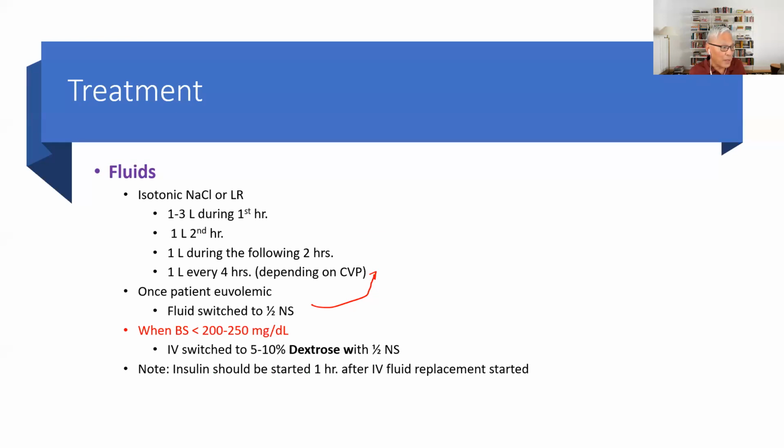And as I said, when the blood sugar is now going to be between 200 to 250, what do we have to do? We now have to change the IV to dextrose with 1/2 normal saline. We add the dextrose in order to prevent hypoglycemia. Okay.